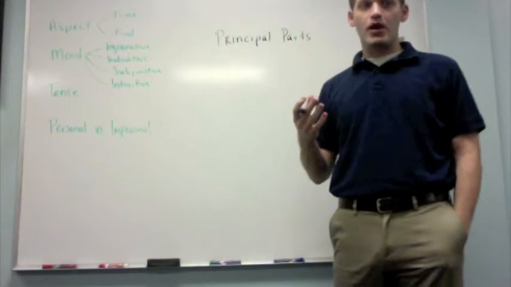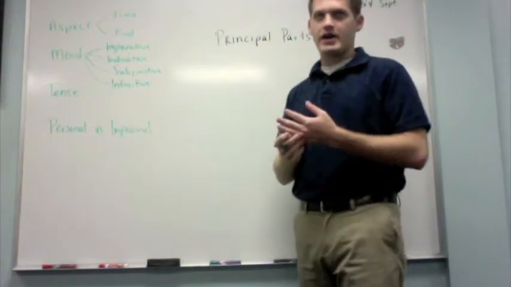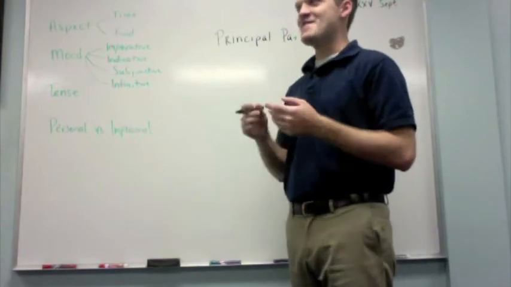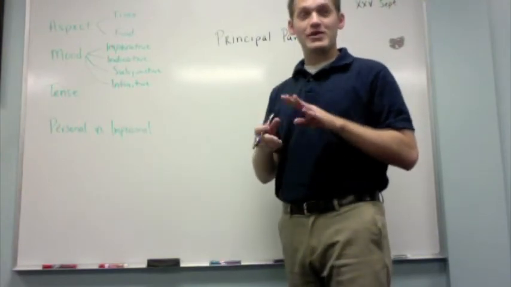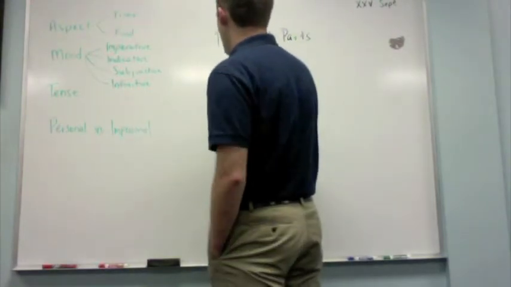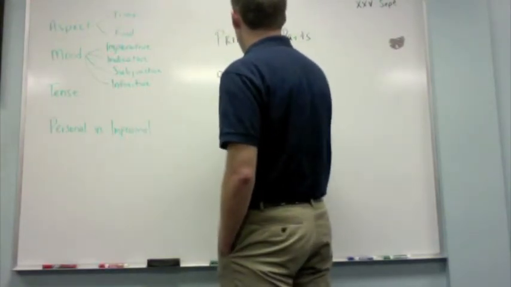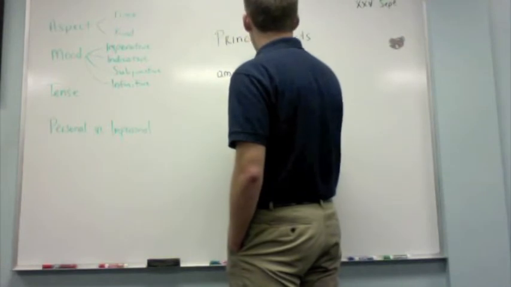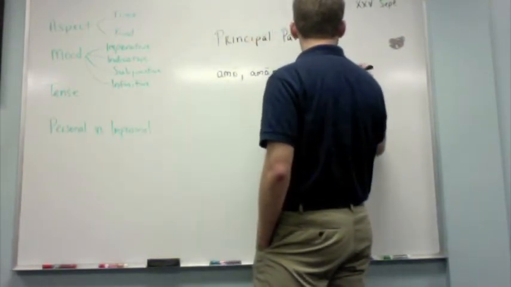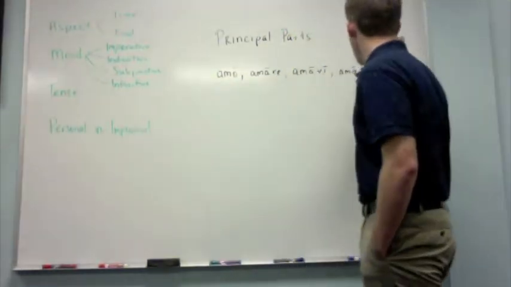So for principal parts, most Latin verbs, I'm not going to get into passives and stuff like that, maybe I will actually, but anyway, most Latin verbs have 4 principal parts. So we'll take good old amo, amare, amavi, amatum.